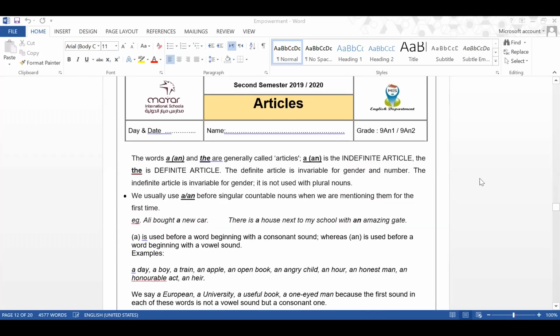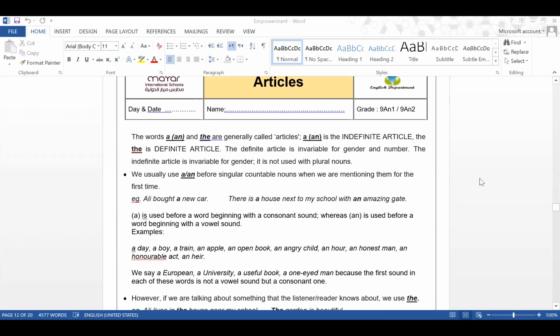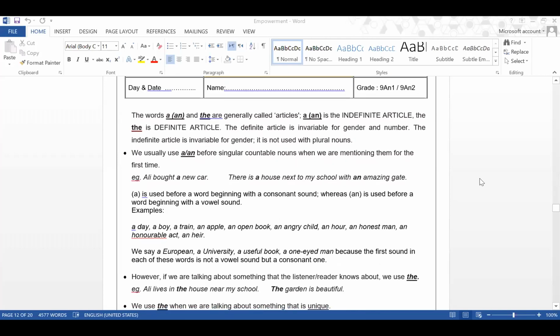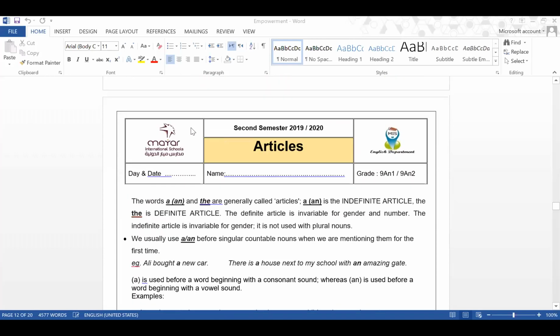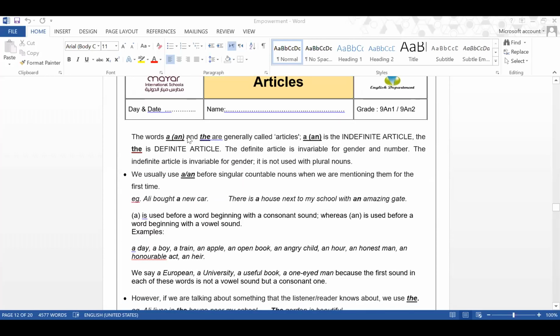Yes. Okay, now we said there are two types of articles, the definite and the indefinite. A and an in one group and the in one group. So we said a and an are called the indefinite articles, and the is called the definite article.